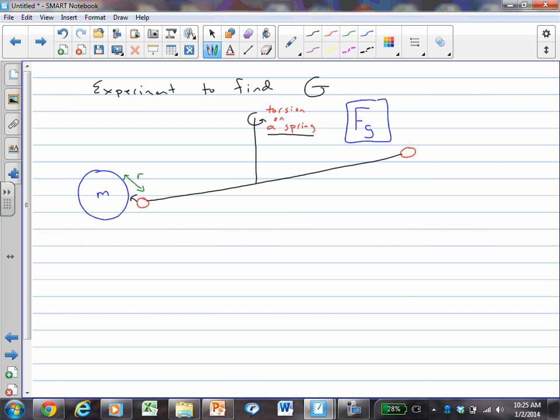Because if we look back at our formula for Fg, big G m1 times m2 over r squared, if we know what r is and we know what the two masses are, and now we can get Fg, we can calculate G. When Cavendish did this, he came up with a value of G that's really small, 6.67 times 10 to the minus 11, with units of newtons meters squared over kilograms squared.